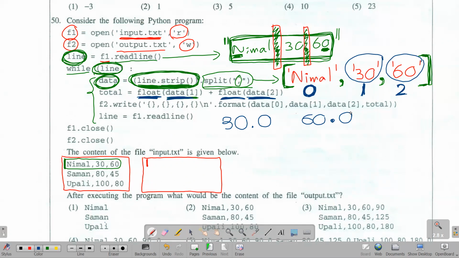So they are asking you to add it together, which will provide you 90.0. So now the value total is given the value 90.0.